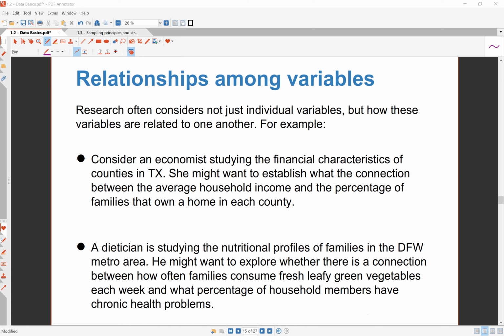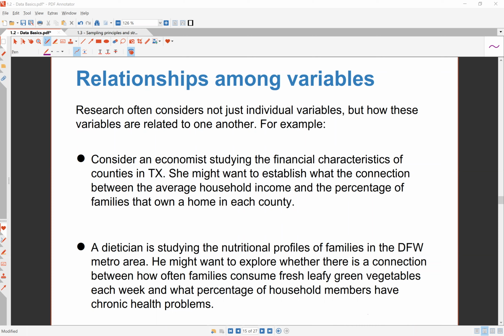Let's say we have an economist, and she's studying the financial characteristics of counties in Texas. And she wants to establish what the connection is between average household income in a county and the percentage of families that own a home in each county.